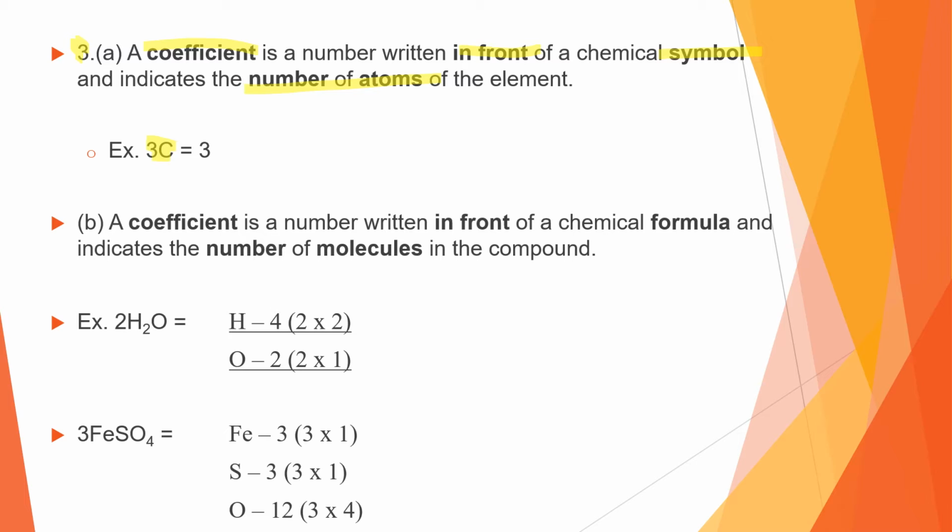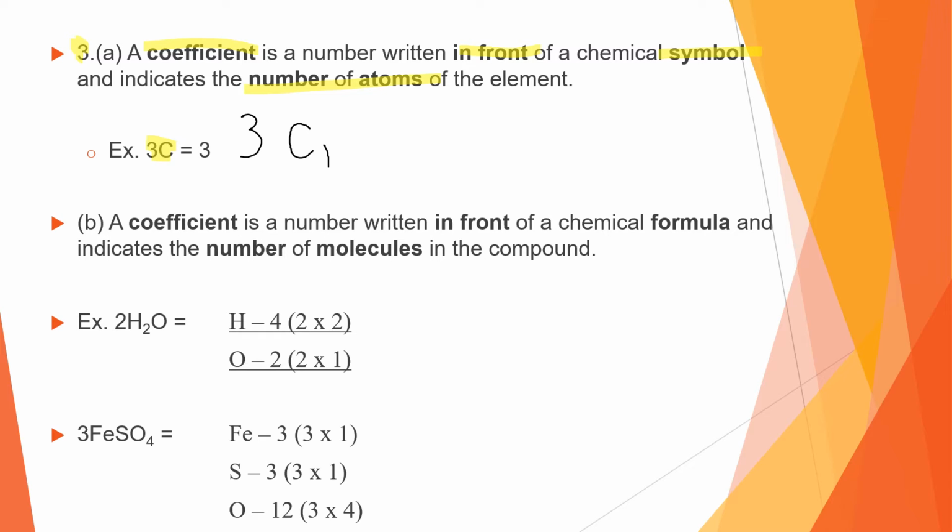If we want to take it one step further, if we were to rewrite this, I'm going to put a C to represent the carbon symbol. Because we don't have any subscript to the right of it, we know it really is a 1. We don't write the 1, but I'm showing you that it really is there.